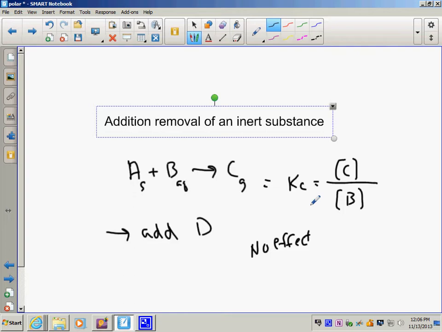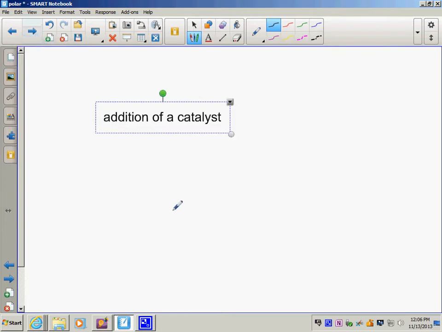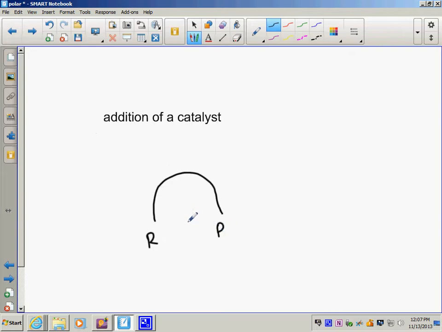The next topic we might have: what if we add a catalyst? Again, in this little drawing, we have reactants going to products, we have our K value, and the question is a little bit different, but basically it's saying if we're not at equilibrium and we have Q, and we have K, and we're going to be moving towards K, how is a catalyst going to affect the ratio of my product concentrations versus my reactant concentrations?